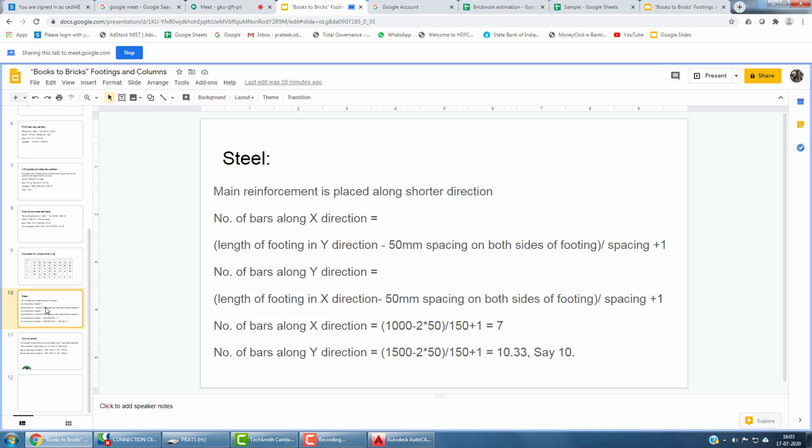Yes, Asha madam is saying 14 along X, 15 along Y. I think it is right. 14 along X.